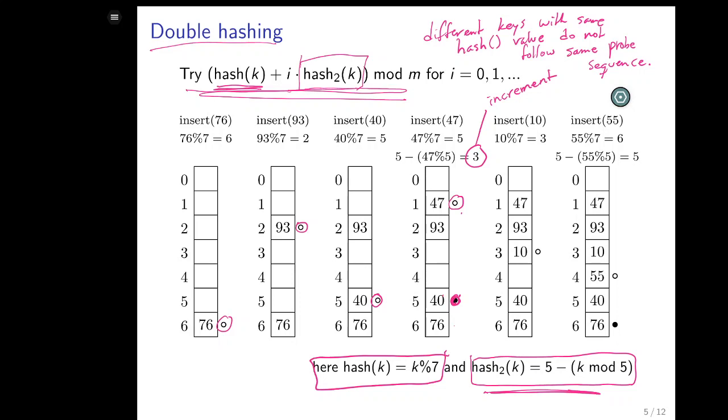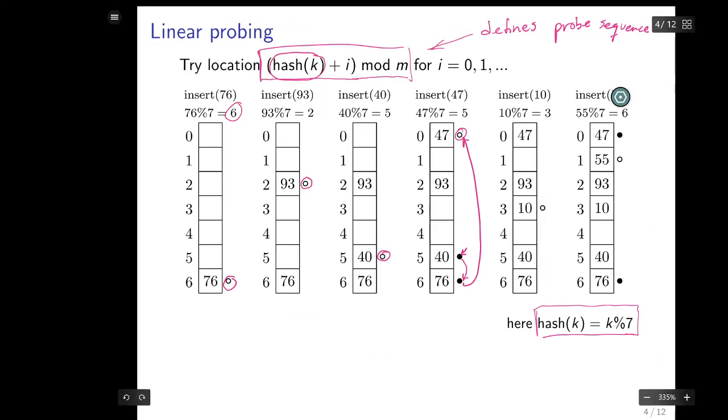So as alpha goes up, as the load factor increases, you'll have a much higher chance that those sequences will start interfering with each other. The sequence for one item will also interfere with where I can hash another item. Whereas in separate chaining, everything is separate. The chains are always distinct. And so for large values of alpha, it turns out double hashing or linear probing degrade much more quickly. They degrade like something like 1 over 1 minus alpha.